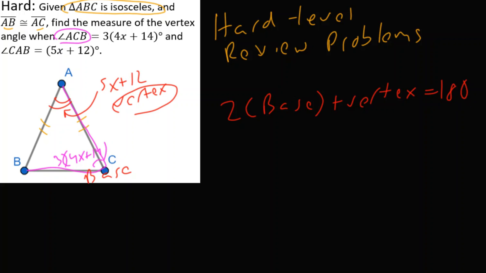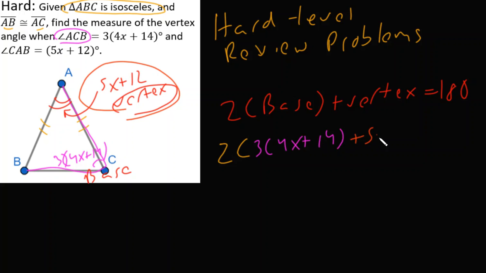Well, let's say 2 times our base, which remember our base here is 3(4x + 14). And then, of course, we're going to add that with our vertex, so plus 5x + 12 is equal to 180.